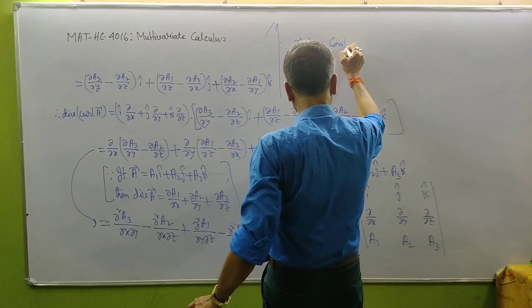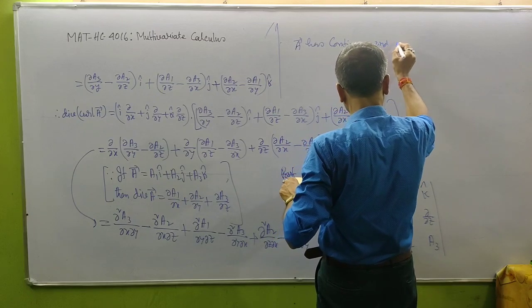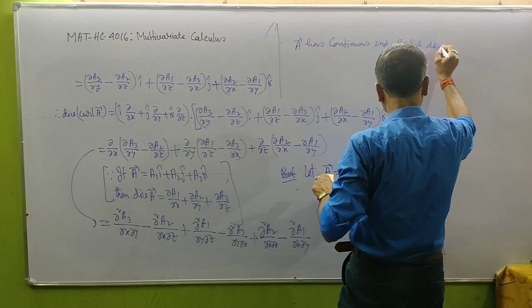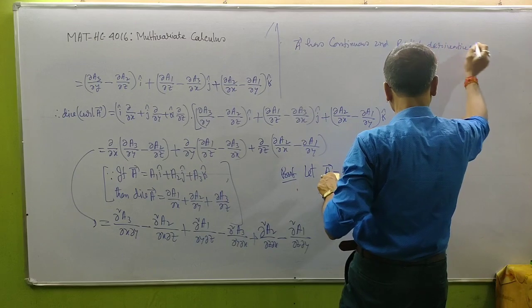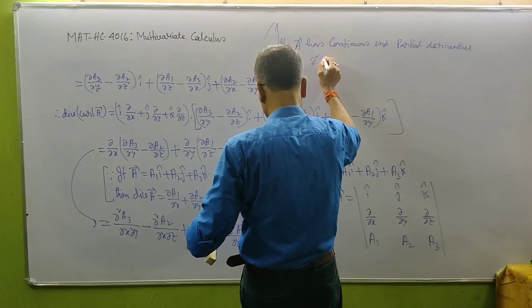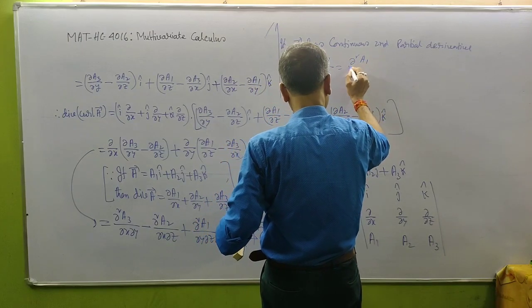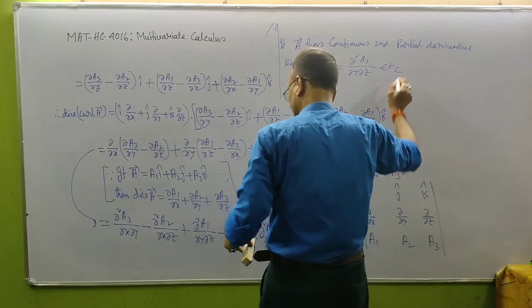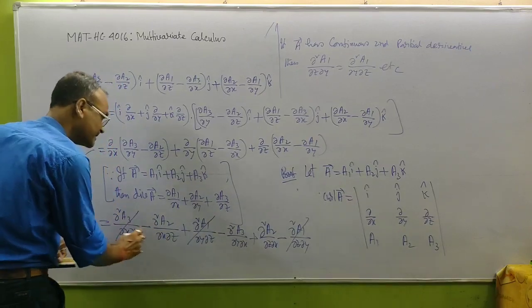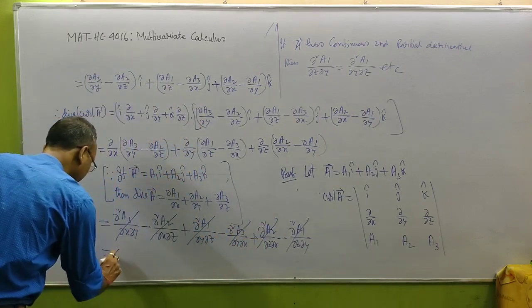If A has continuous second order partial derivatives, then you will get ∂²A1/∂z∂y equals ∂²A1/∂y∂z, etc. From this you will get these two cancelled, and these two will also be cancelled, and these two will also be cancelled, and ultimately you will get 0.